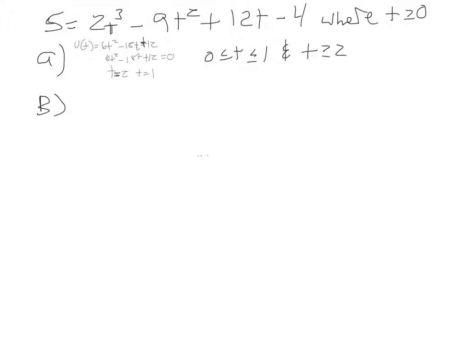Now we're just flat out asking you, when is the velocity increasing? But don't we already have that answer? Sure. So I don't have to do anything, just answer it. The velocity increases when your velocity is positive, and we know that the velocity is positive in these two intervals.